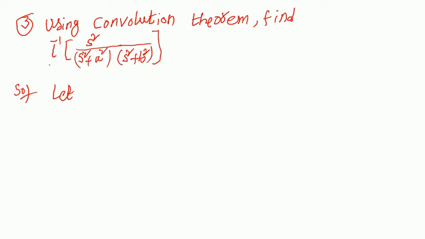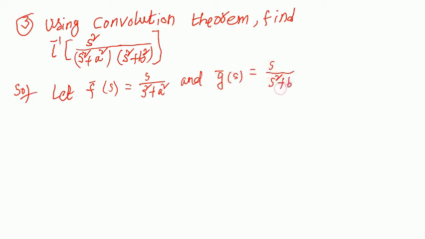What is that I can choose f bar of s as s by s square plus a square, and g bar of s as s by s square plus b square.